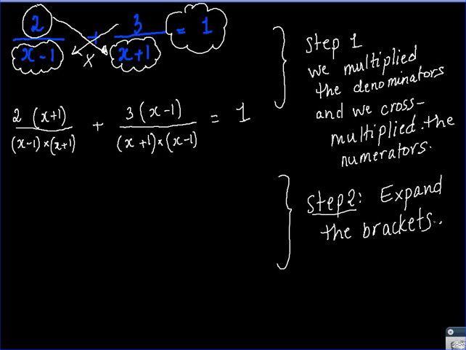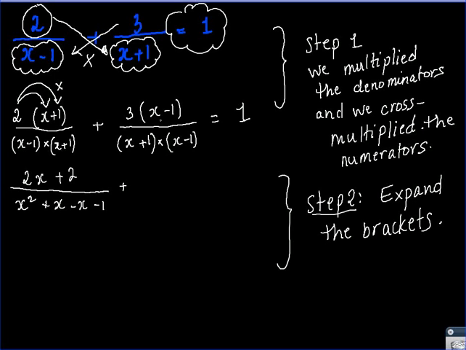So we're going to go ahead and do that. 2 times x is equal to 2x, and 2 times 1 is equal to 2. You're just multiplying the number with each term inside the bracket. At the bottom, we're going to do x times x, which is x squared, x times 1, which is 1x, or just x on its own, minus 1 times x is minus x, and minus 1 times 1 is minus 1.